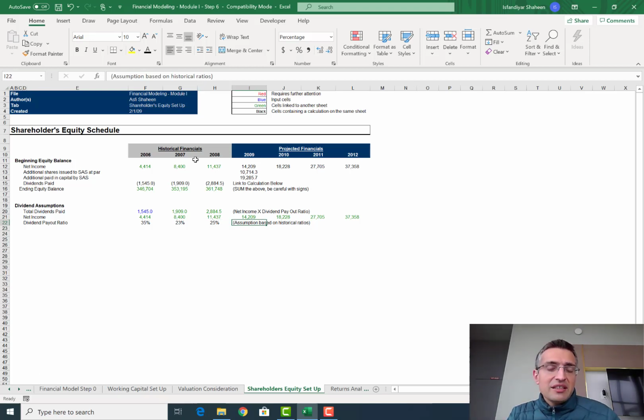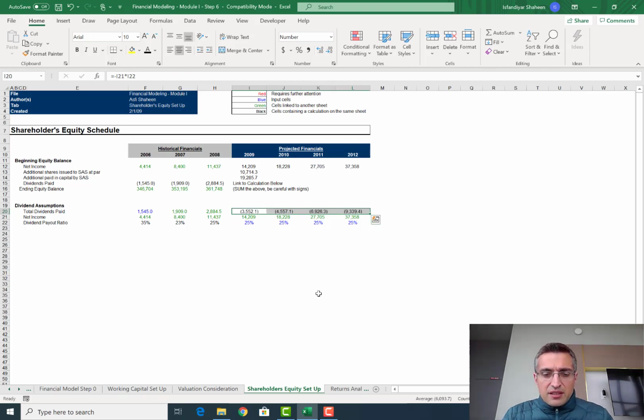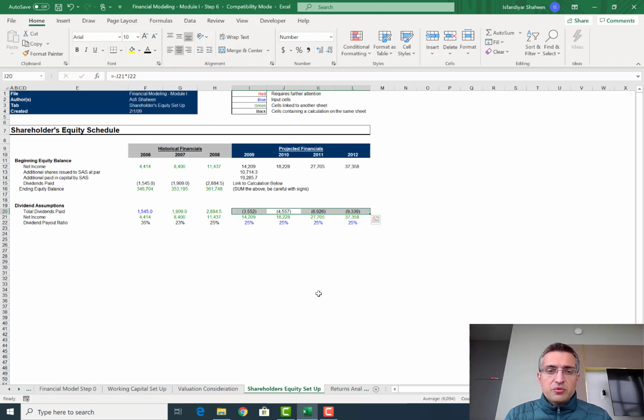So historically, we can see that this airport is paying out about 25% of net income as dividends, and we're going to assume that they continue to do so. We're going to assume that 25% of net income continues to be paid as dividends, and we'll do Alt H9 to remove this decimal.